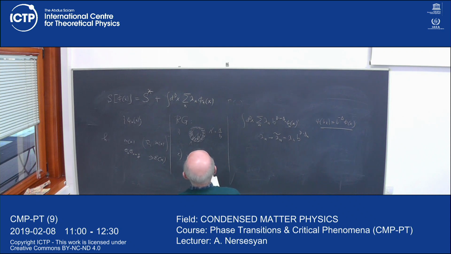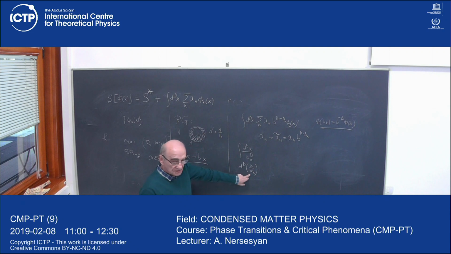We can always choose the units of distance in such a way that instead of integrating over d^d x, we simultaneously divide it by the microscopic volume a0 to the power d. In other words, this is d of x divided by a0. This is the dimensionless coordinate.